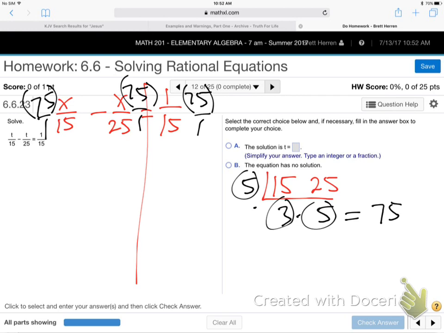So cross cancel now and multiply whatever's left over. 15 goes into 75, what, 5 times? So that'd be 5x. 25 goes into 75 3 times, 3x.